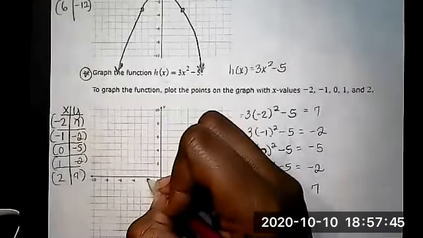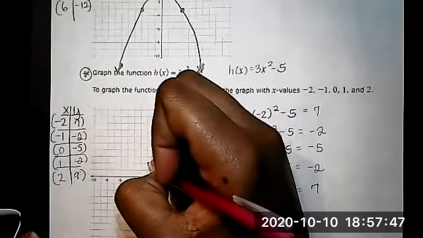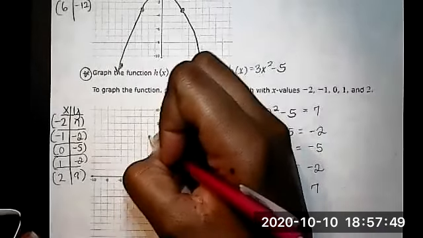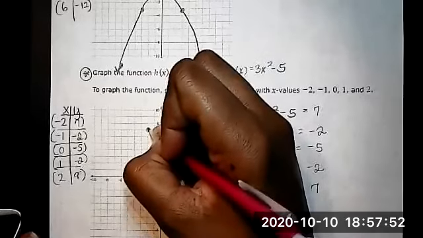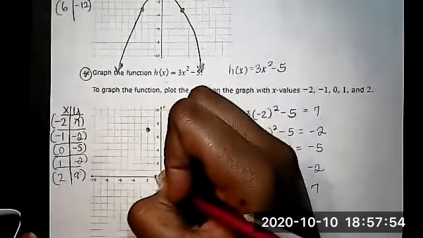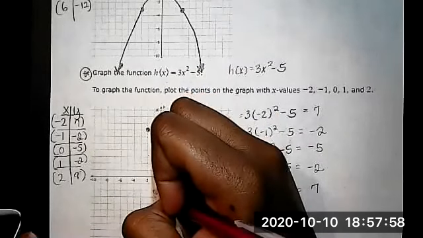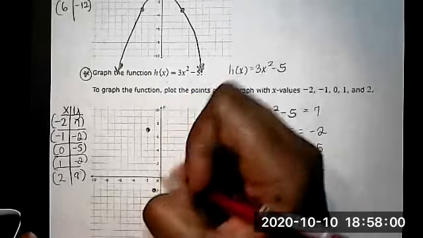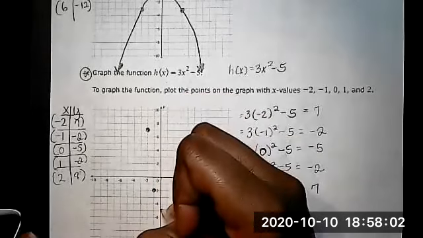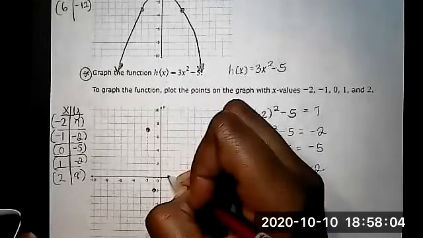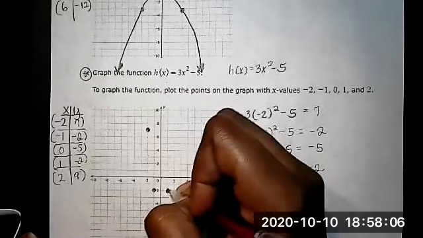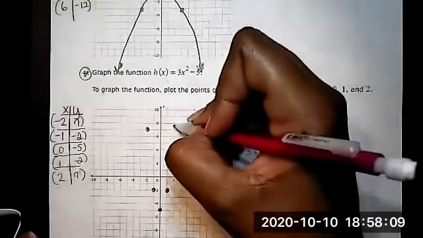So it's -2 and then up 7. Good, that's a point. Then -1, -2. Okay, and then 0, -5 is here. And then 1, -2. And then 2, 7.